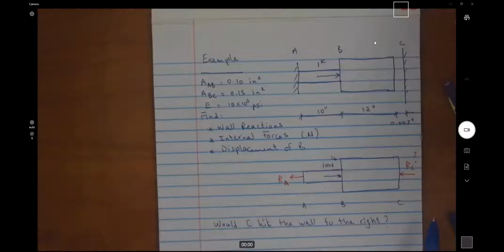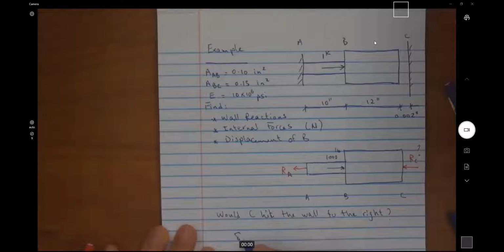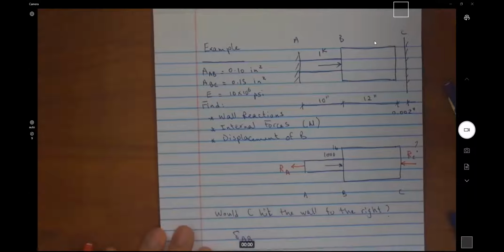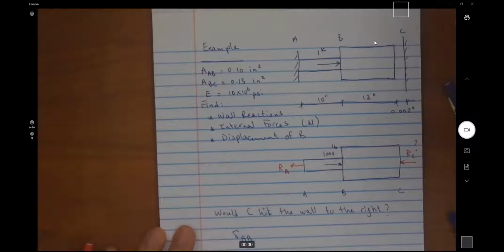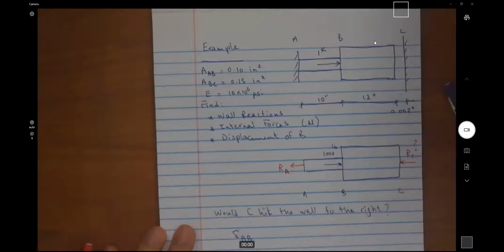That becomes our question. So in order to answer this question, I would say I need to find delta AB. Are you all following? If delta AB is greater than 0.002, then it will hit the wall. So how do I find delta AB?